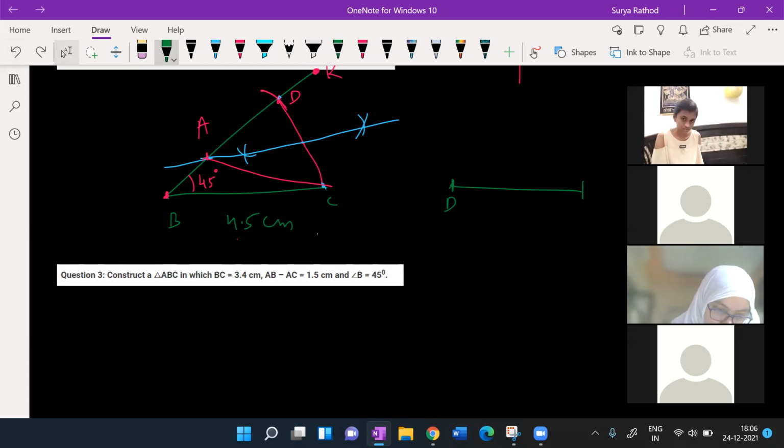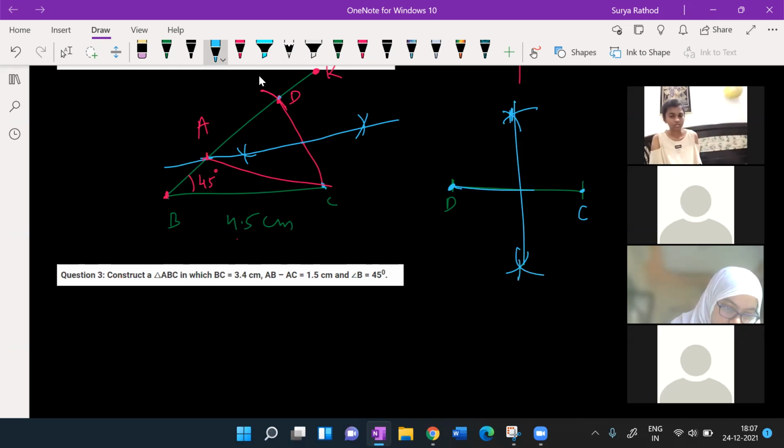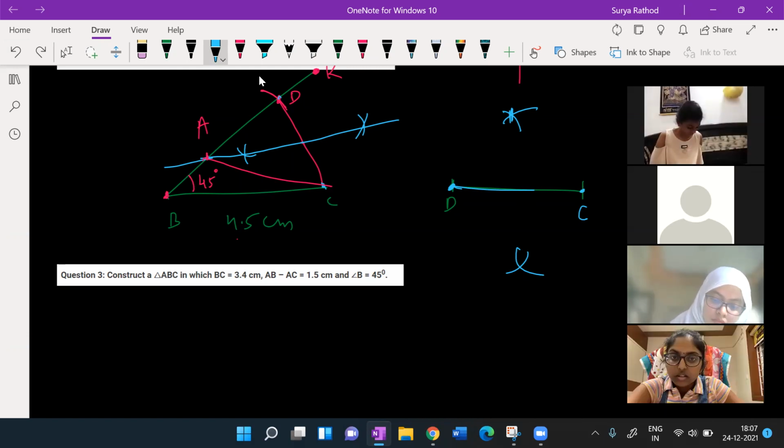From D, I'm drawing an arc here and one more arc here, with more than half radius. From the point C, with the same length, don't change anything, with the same length, join this arc. And what is the point of intersection you got here?